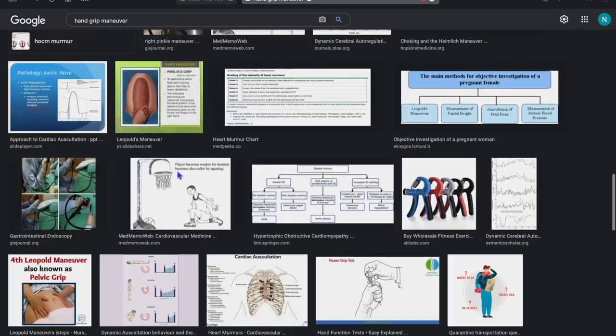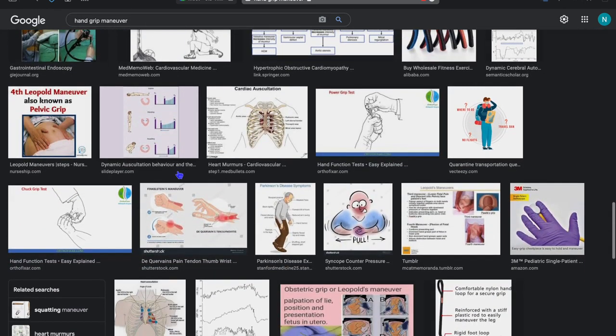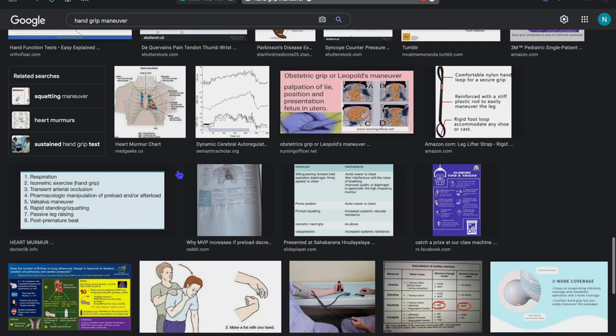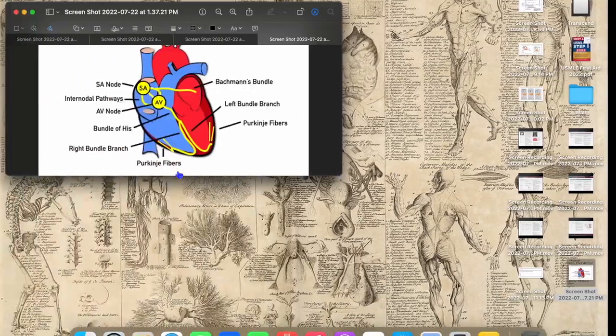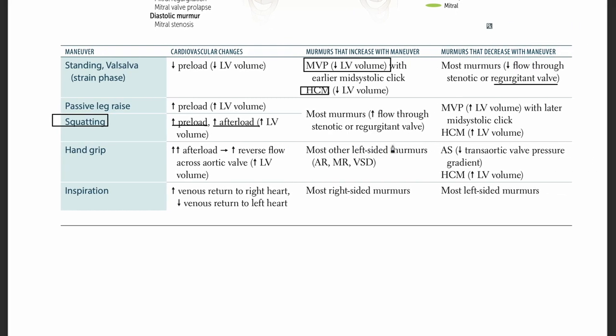Basically, it's just two hands pulling each other kind of thing. That's the way I imagine it. I don't actually know what type that is. I forgot. But whatever you do, it's going to increase the resistance, right? The peripheral resistance. So when that is increased, you're increasing afterload.